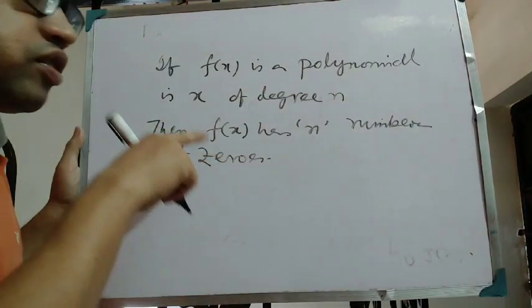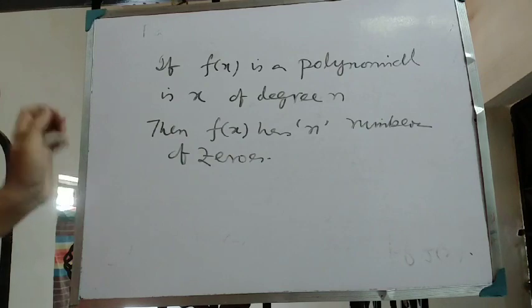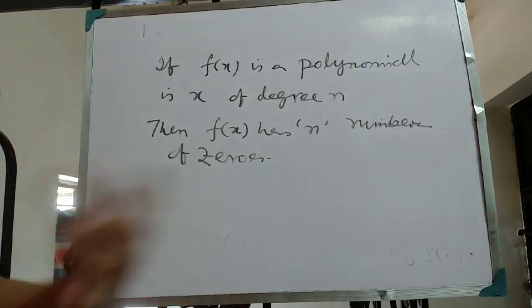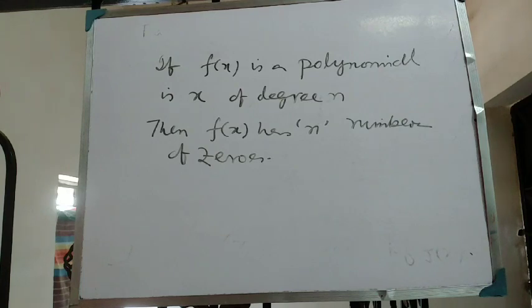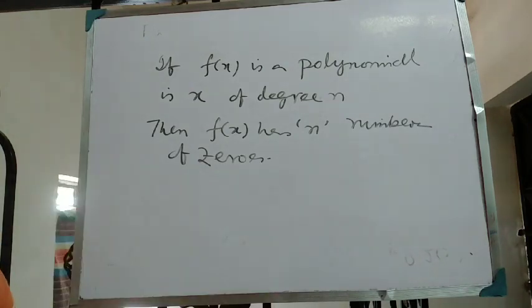That means f(x) vanishes for n real numbers. In future, the concept is converted to roots of an equation. If you have a quadratic equation, then the solution of that equation, that is the roots of the equation, will be 2.